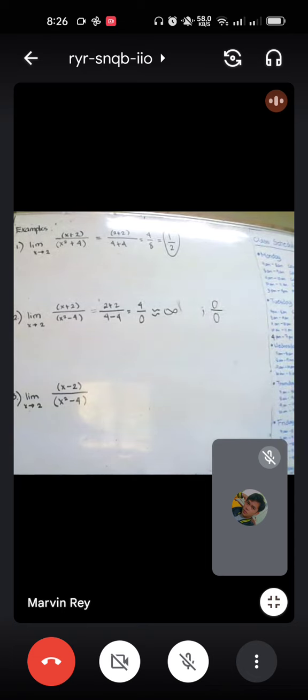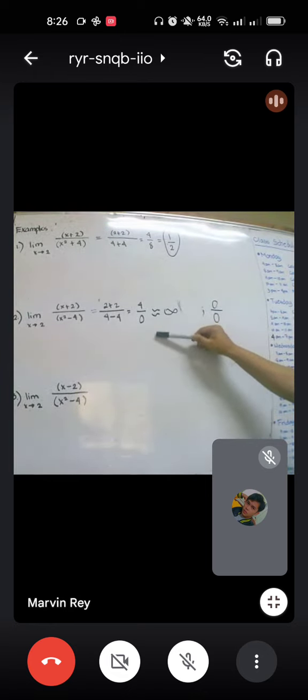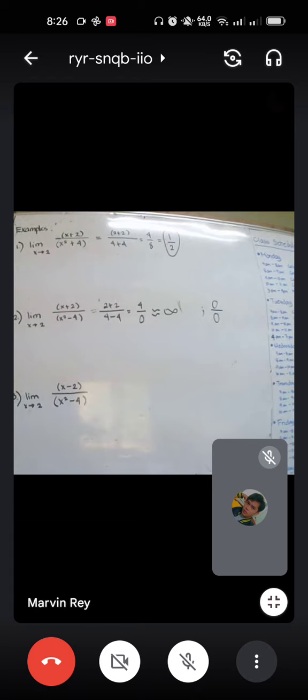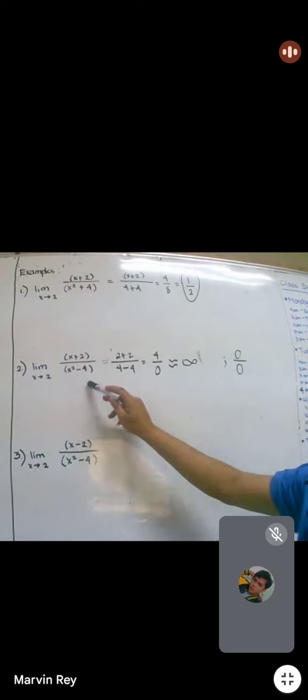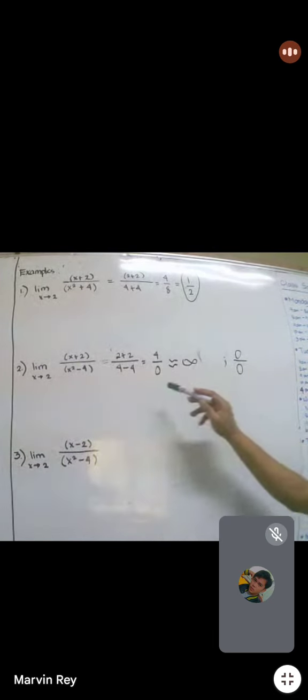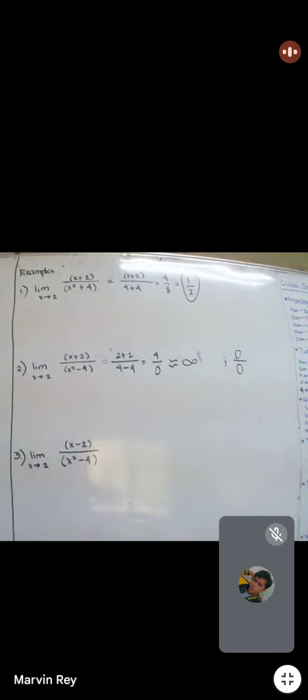So this is one of the undefined values. For this case, the function 4 over 0 is just equal to infinity. Therefore, the limit of this function f of x as x approaches 2 does not exist. Okay?